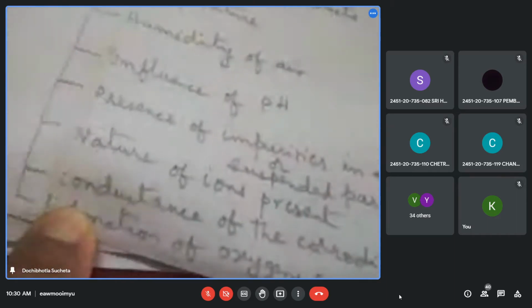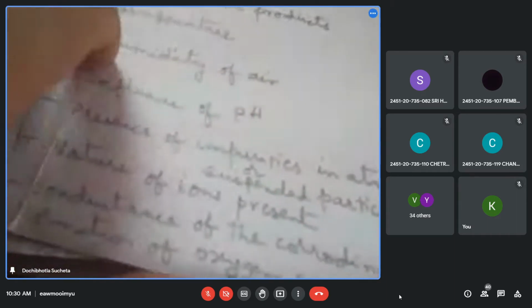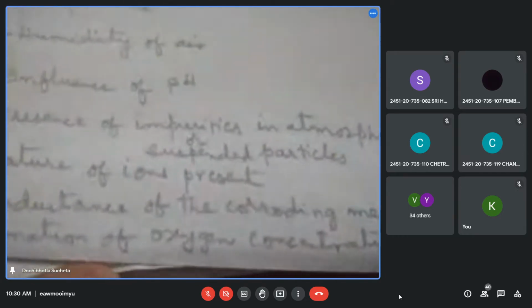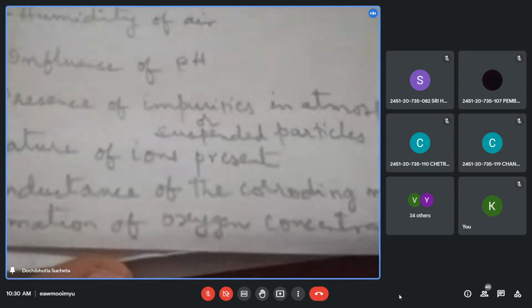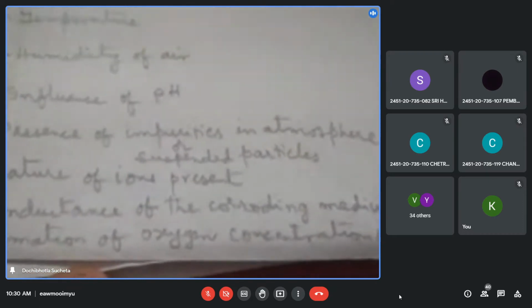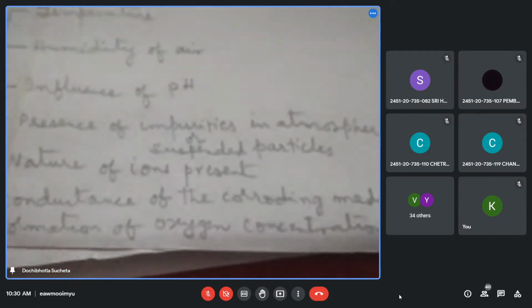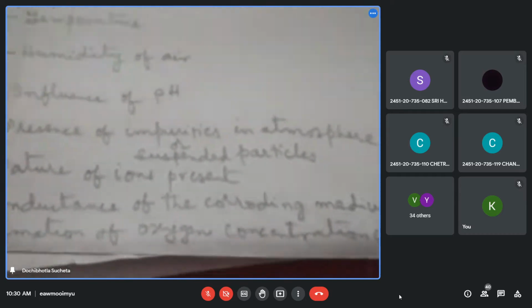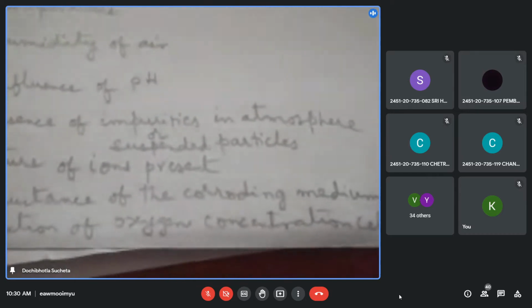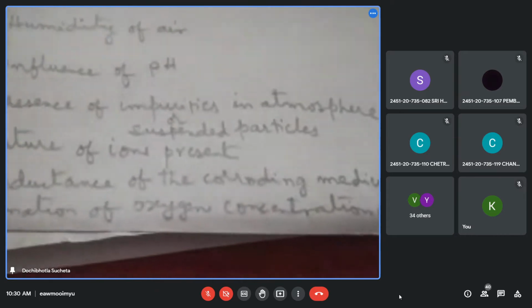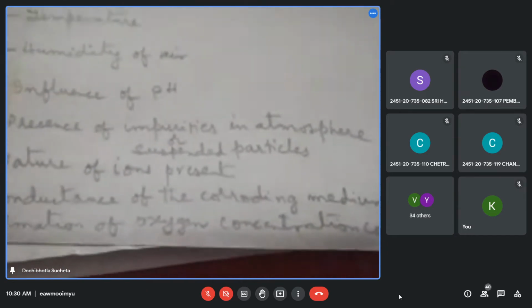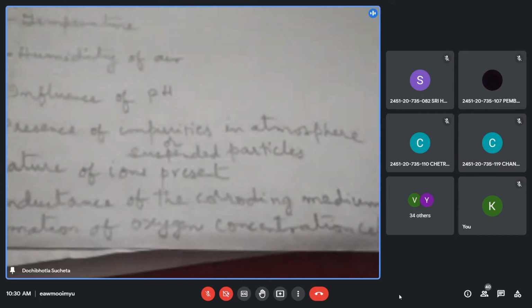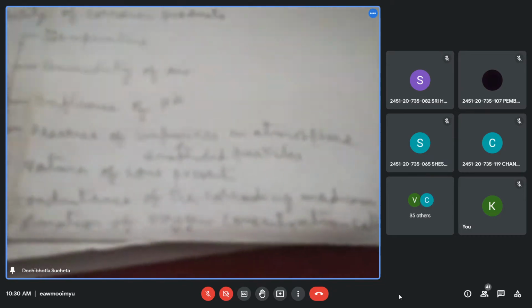Please check. Conductance of the corroding medium. Next, the last one is formation of oxygen concentration cell.